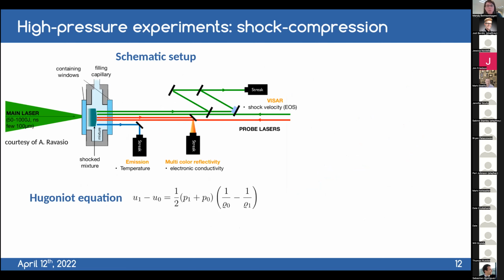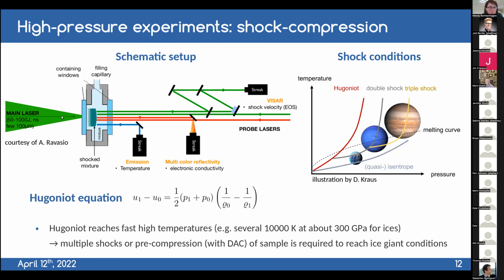That's why we also do shock compression experiments. In shock compression experiments, basically, we fill the material we want to investigate into a container like this. And then we put a laser on this. And with the laser, we induce a shock compression wave.